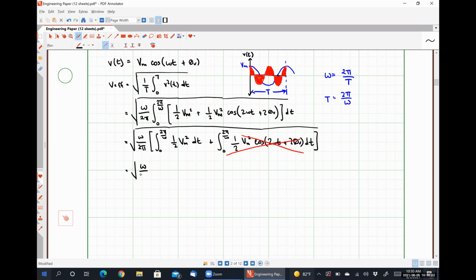We're going to have the square root of omega over 2 pi times 1/2 Vm squared times the integral from 0 to 2 pi over omega of dt, which is just going to be the square root of omega over 2 pi times 1/2 Vm squared times 2 pi over omega minus 0.